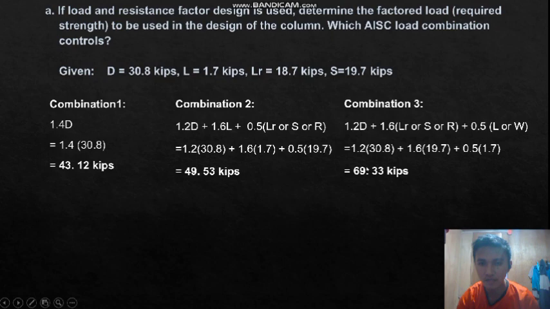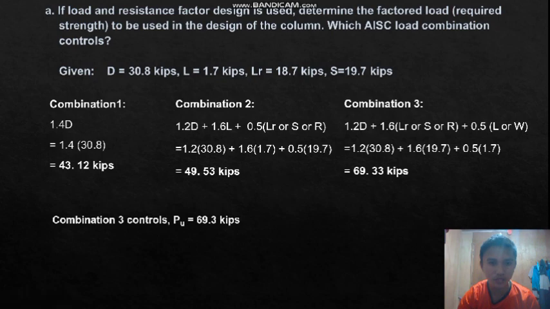Here, what we took is 19.7, which is the snow load, because it is larger than the roof live load or the rain load. Here we use the live load because we have no wind load.